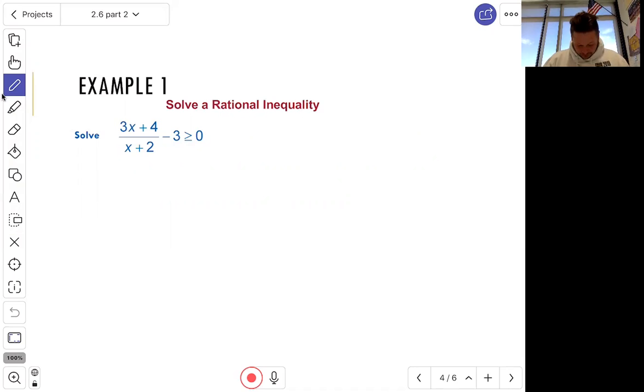So really, if you think about this, 3x plus 4 over x plus 2 minus 3, really this is 3 over 1, right? So I have 3x plus 4 over x plus 2 minus 3 over 1.